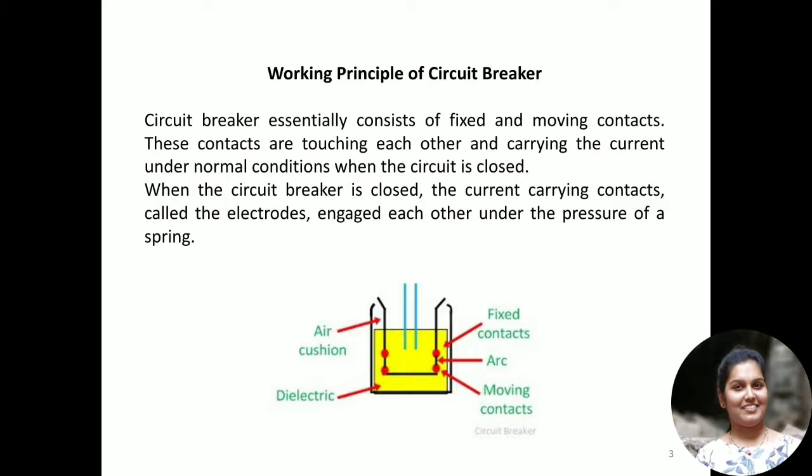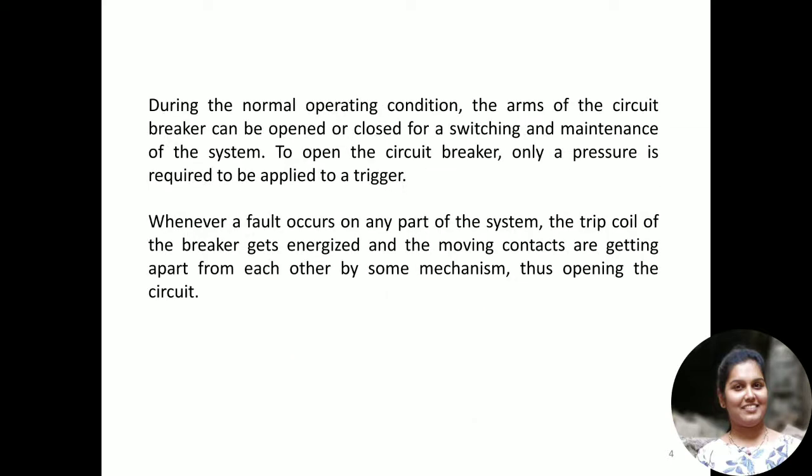So there will be a spring action such that we see the current between the contacts and the circuit breaker is closed. During the normal operation condition, the arms of the circuit breaker can be either opened or closed for switching and maintenance of the system.